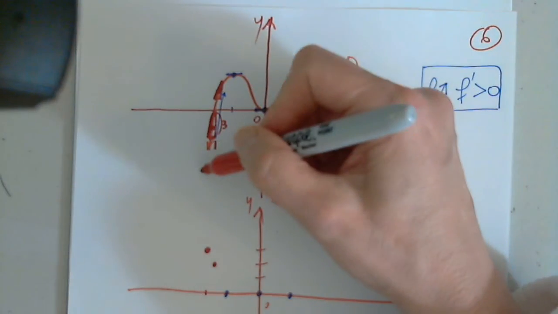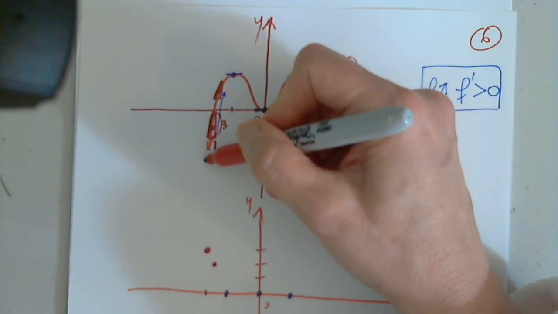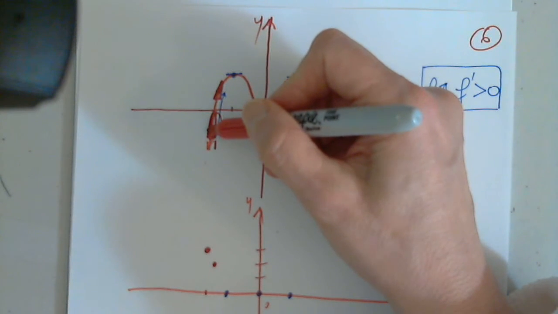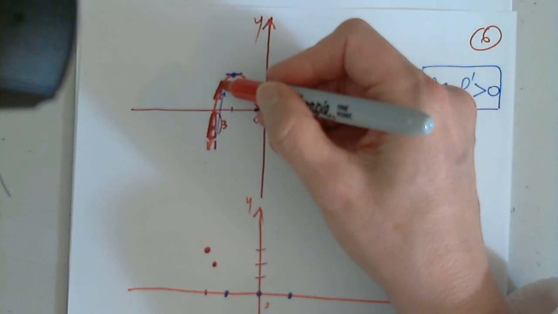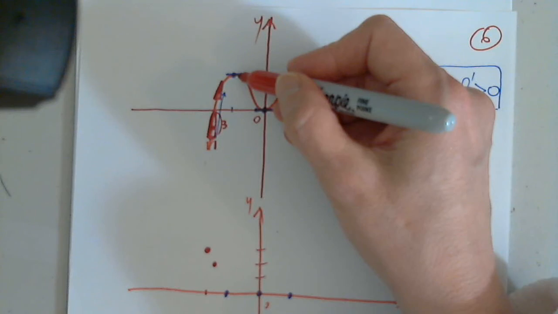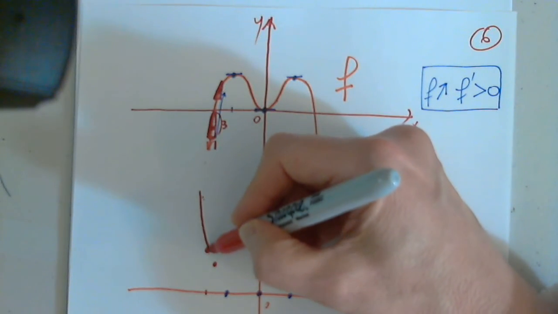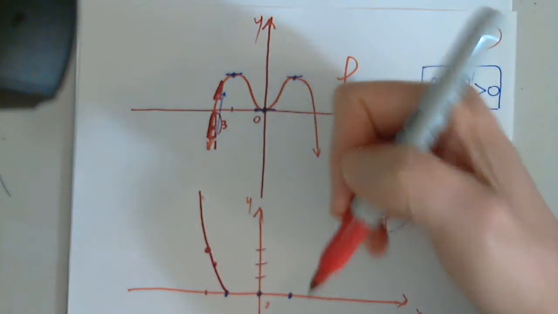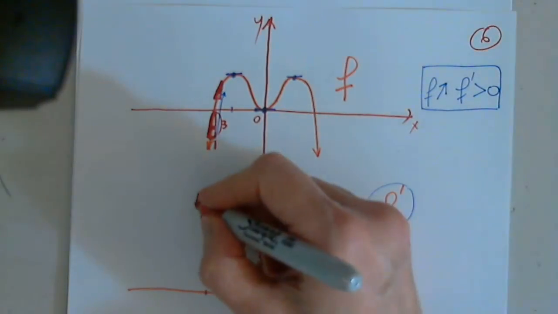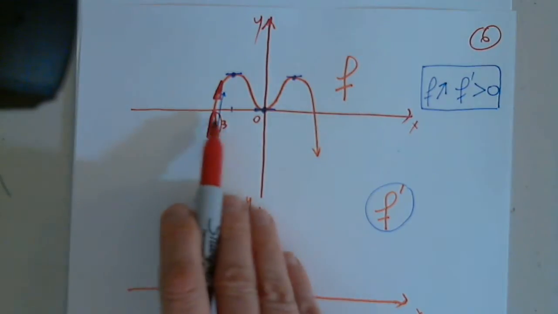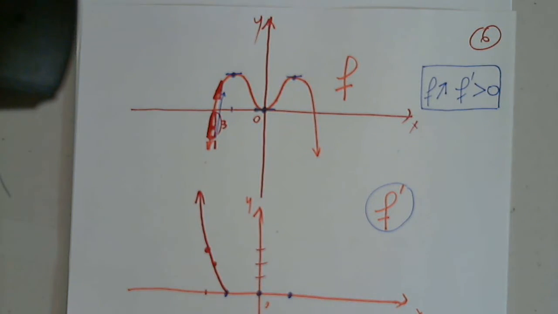So it comes from big positive values, comes down to 3, comes down to 2, comes down to 1, comes down to 0. So here is my graph of the derivative function between negative infinity and this value, whatever that is.